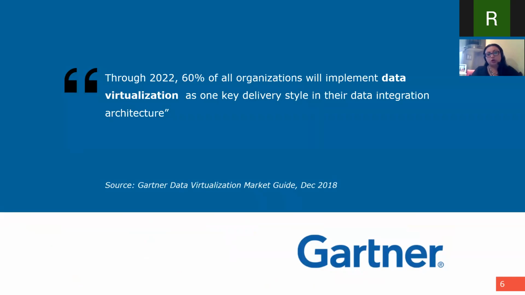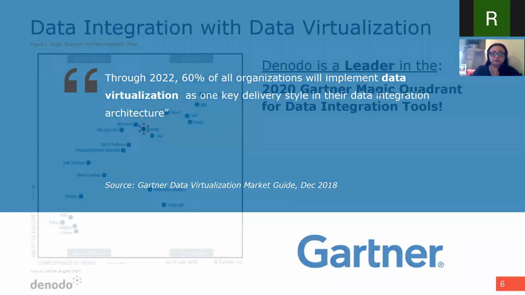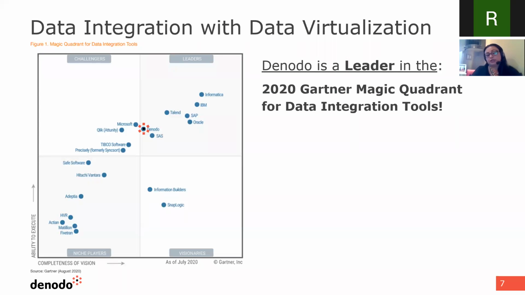About 2 years ago, Gartner released this quote saying that by 2022, about 60% of organizations are going to implement data virtualization as their integration style. Is it true? If we look at the current situation, just in 2 years, Denodo, who is a pure data virtualization player, has been named a leader in the data integration Magic Quadrant.